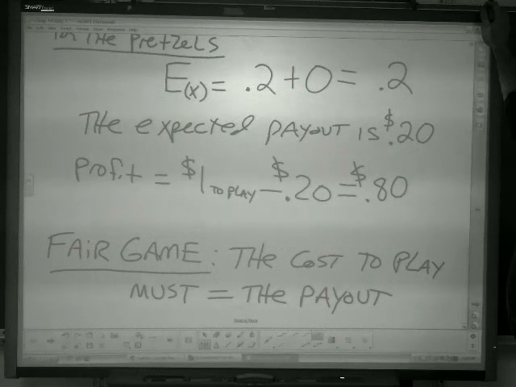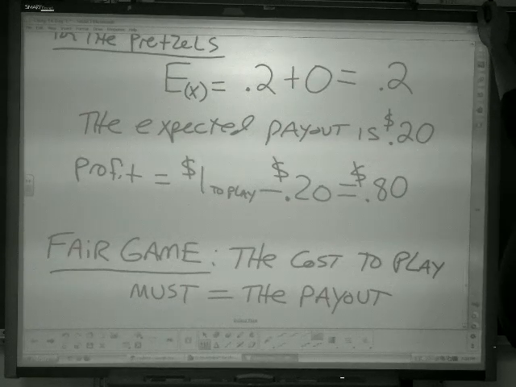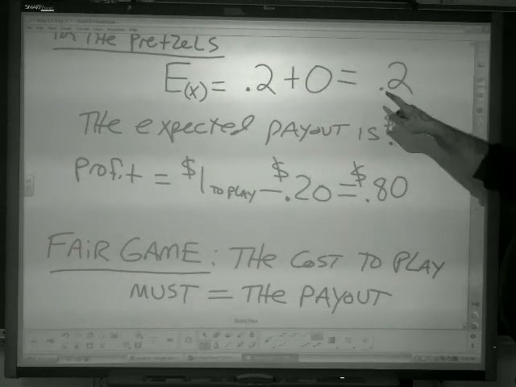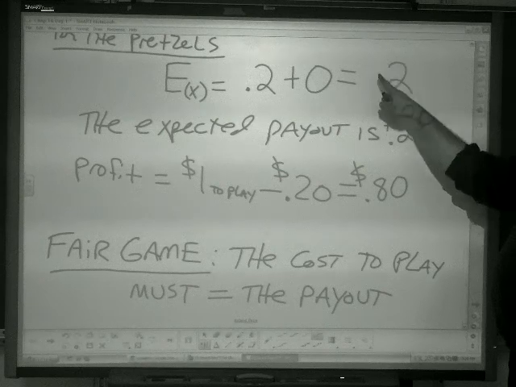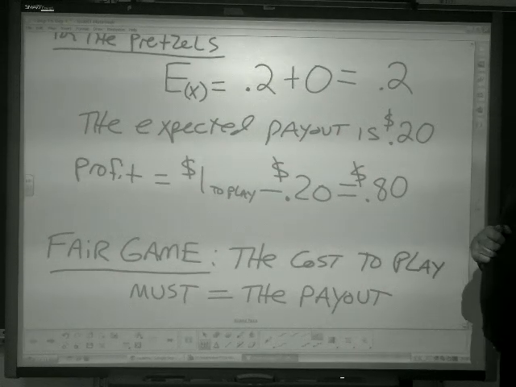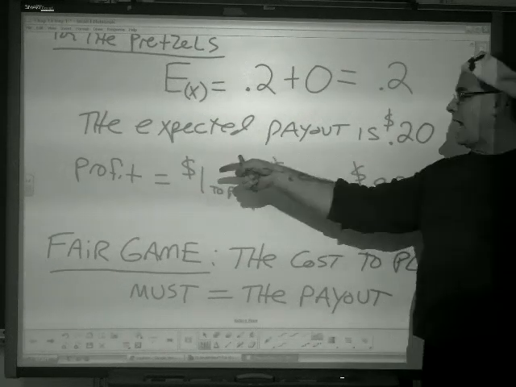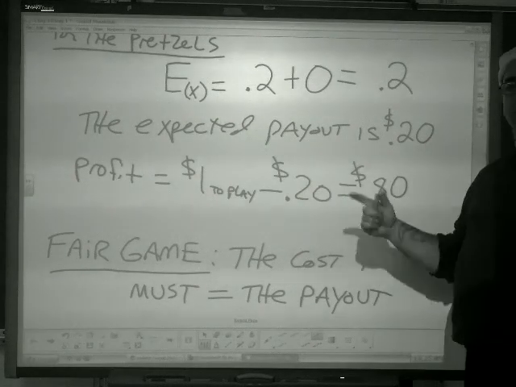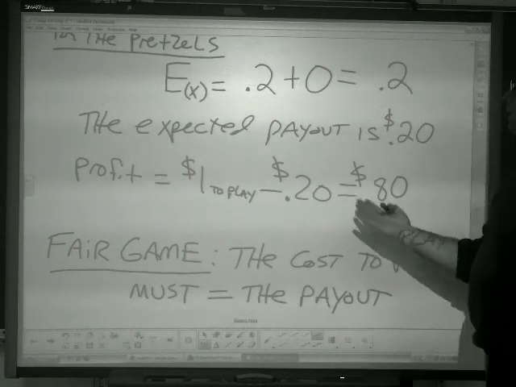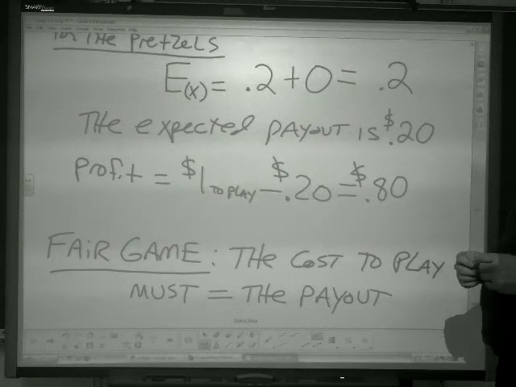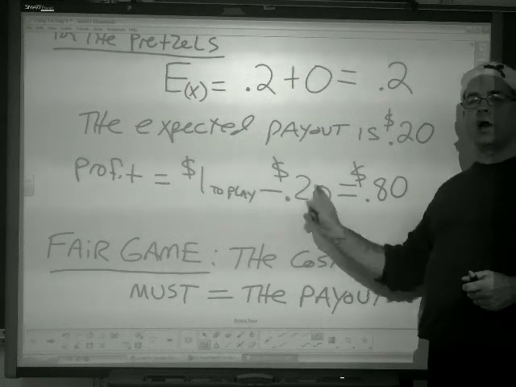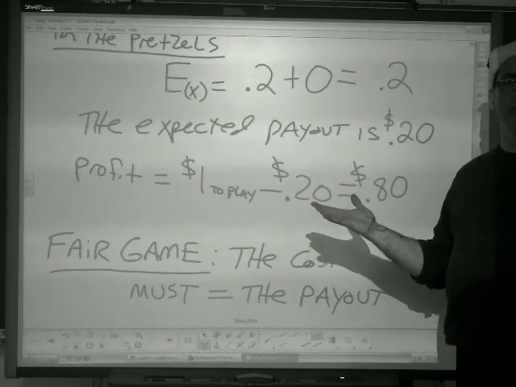So my sign would say all pretzels 80 cents instead of all pretzels $1. Now, if my expected payout was $1, okay, and it was $1 to play and I'm handing back $1, there would be no profit. I would also not have any money to pay for the pretzels, but if no pretzel was involved, if the payout and the cost are equal, that's a fair game.